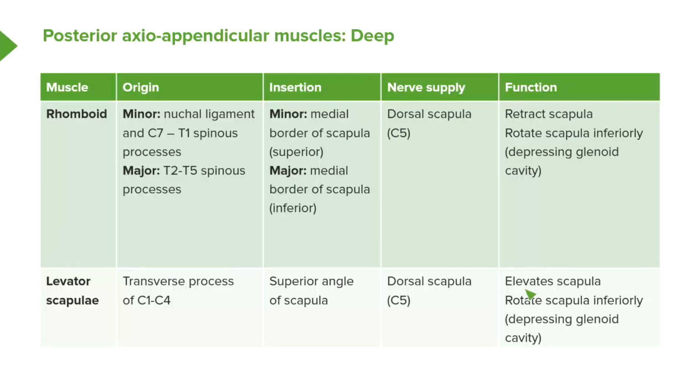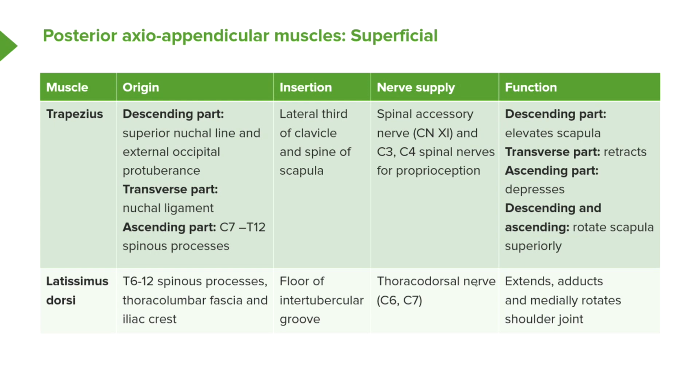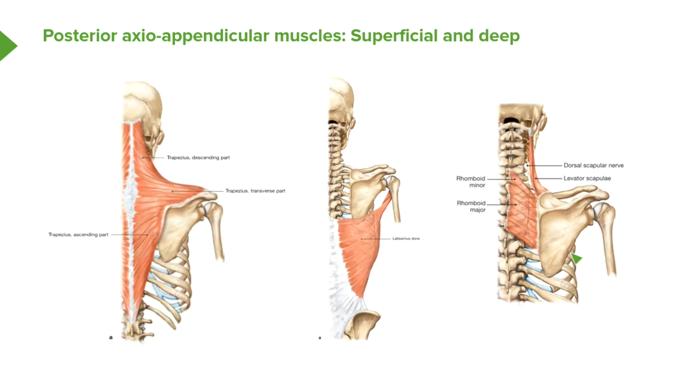If we then look to the deeper muscles, we can see we've got two rhomboid muscles, minor and major, and levator scapulae. And we just go back to the previous slide to see these. Here we can see rhomboid muscles running from the spinous processes of the cervical and thoracic vertebrae, and they pass towards the medial border of the scapula. We can see we've got two parts to the rhomboid muscles.